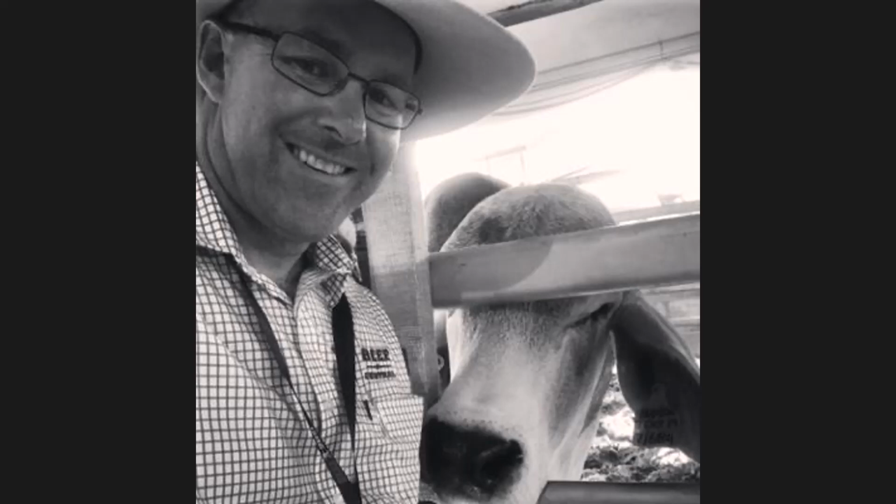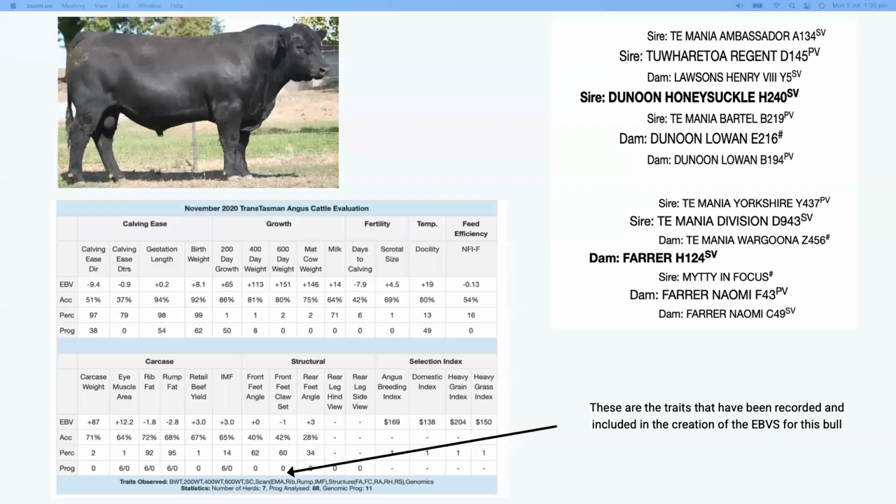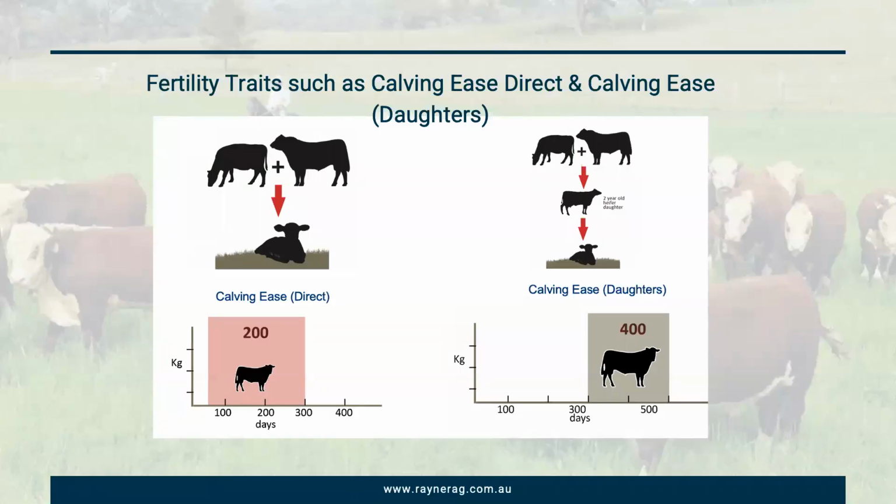When we look at the actual traits that are recorded in an EBV, rather than looking at this particular graph, I'd suggest we look at our traits and what they might mean. There are fertility traits, such as calving ease.